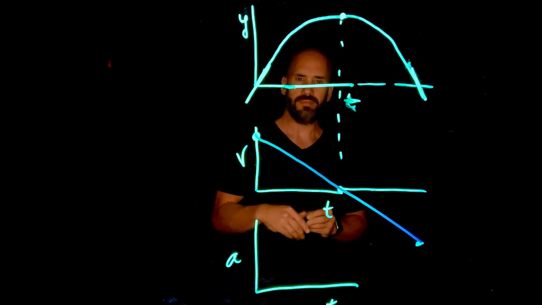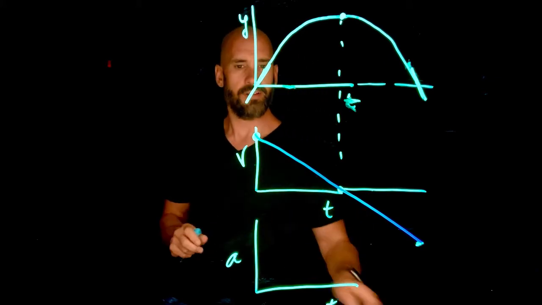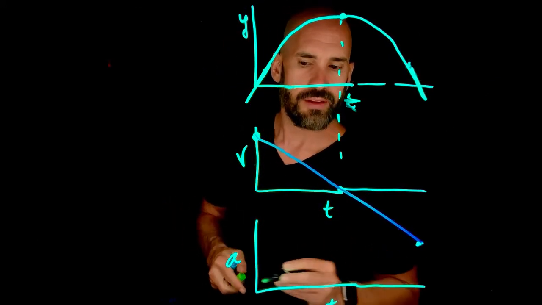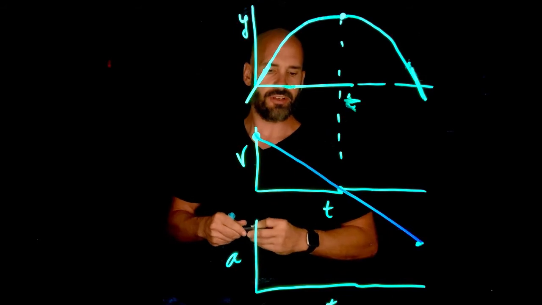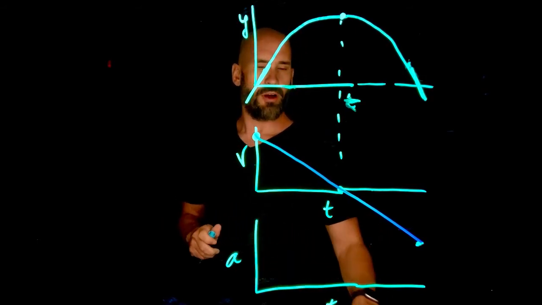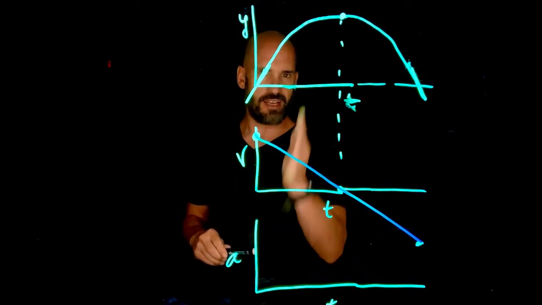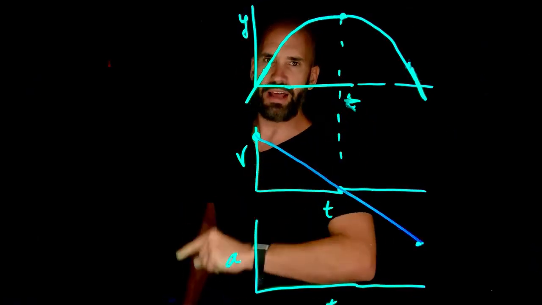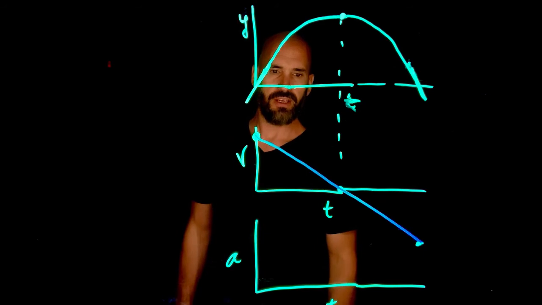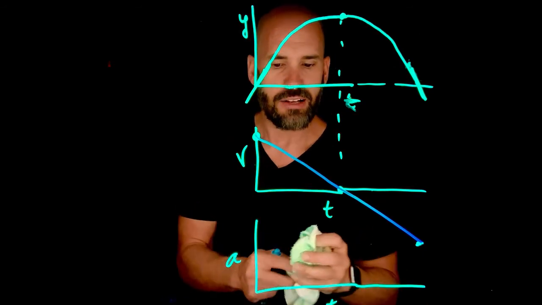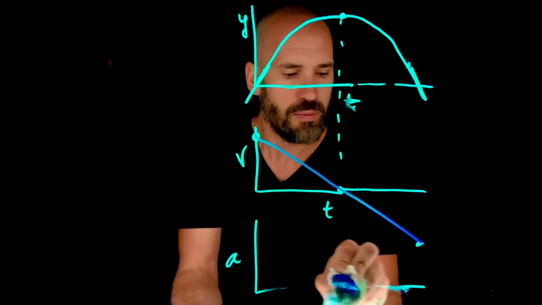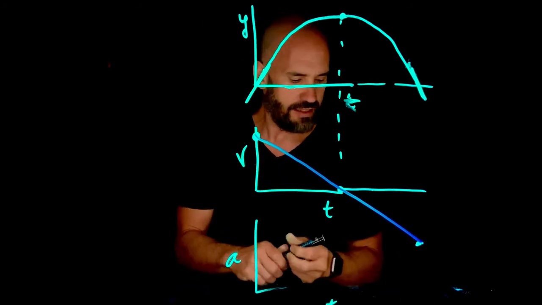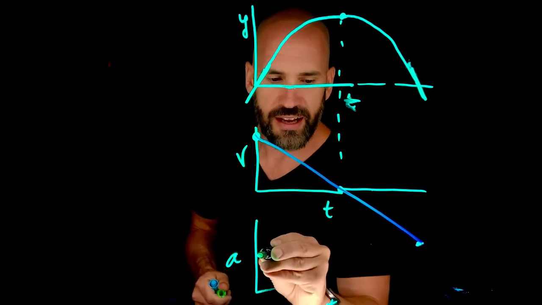Okay? All right. Finally, what will be the graph of acceleration versus time? So, what do we know? We know that acceleration is the slope of a velocity versus time graph, and we know that's a negative acceleration, right? So that means I drew this a little wonky because we need to make ourselves some room for a negative acceleration.